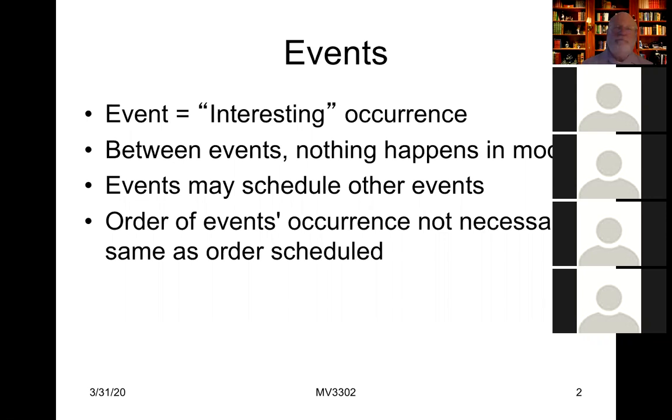So to recap a little bit, what is an event? An event is an interesting occurrence, and what's interesting? Really, the only interesting thing that happens in a state model is that the state changes value. In a discrete event model, the term for that is state transition. And so an event, among other things, involves defining what the state transition is.